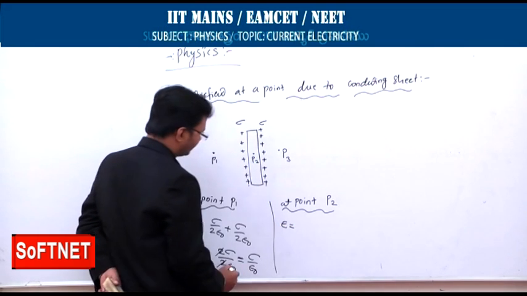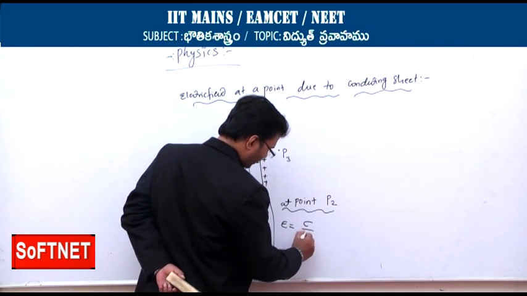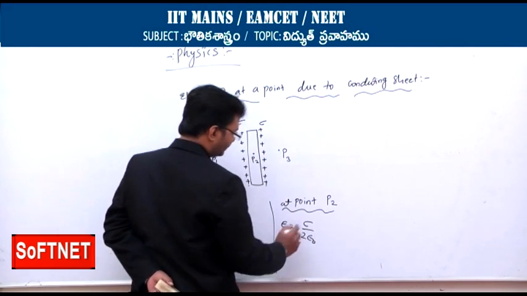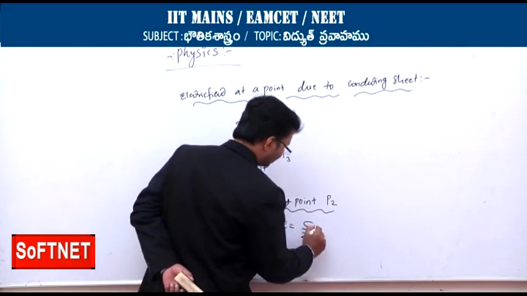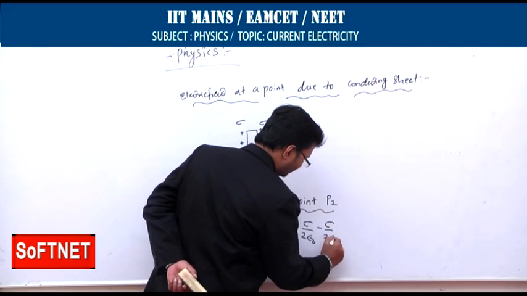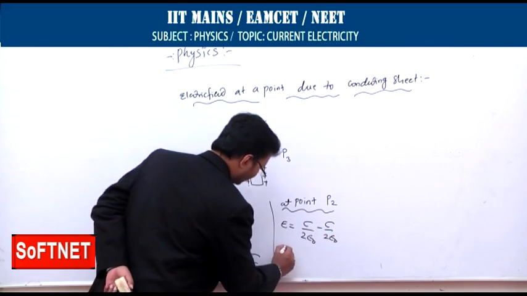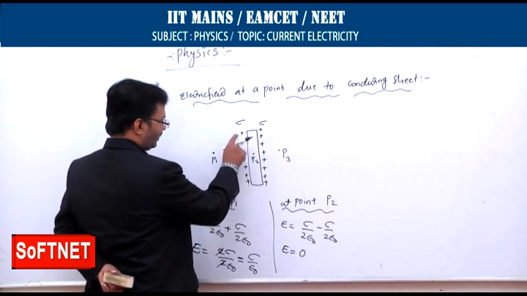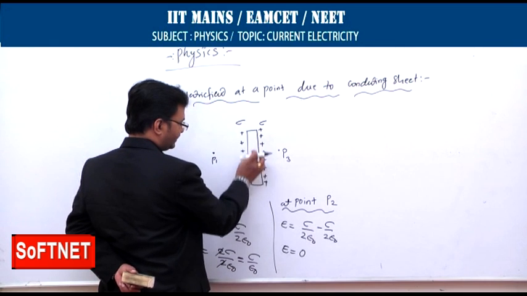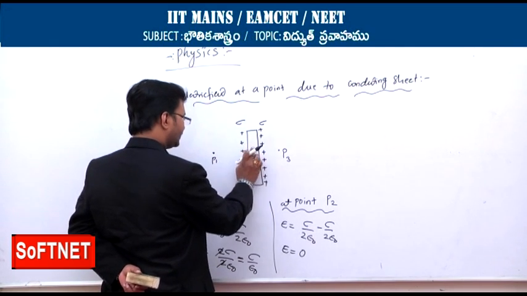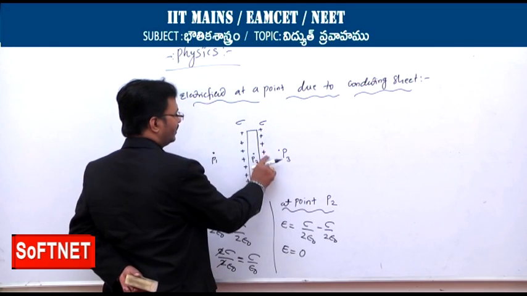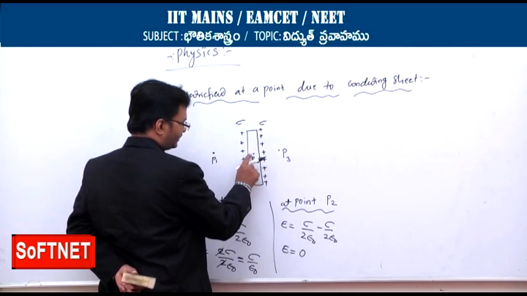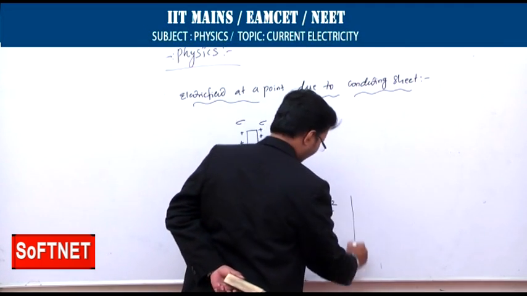So, E is equal to sigma by 2 epsilon naught due to these charges, and due to the charges on this side, it is also sigma by 2 epsilon naught. Then we get 0, because point P2 is on the sheet. The charge on this side is positive, and the charge on this side is negative. That is why E net will become 0 at point P2.